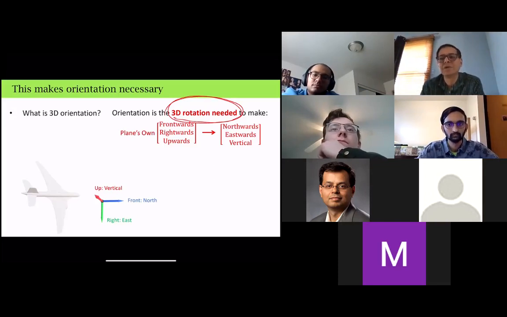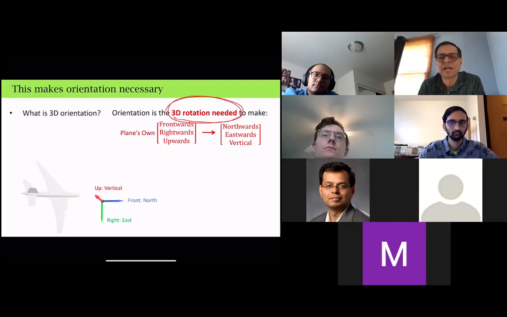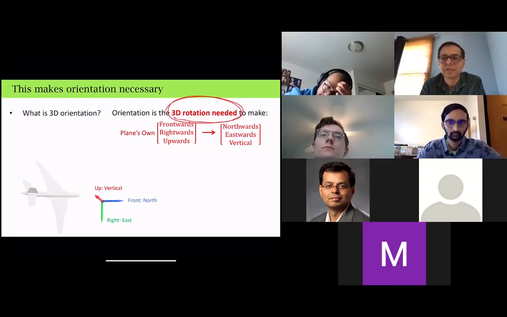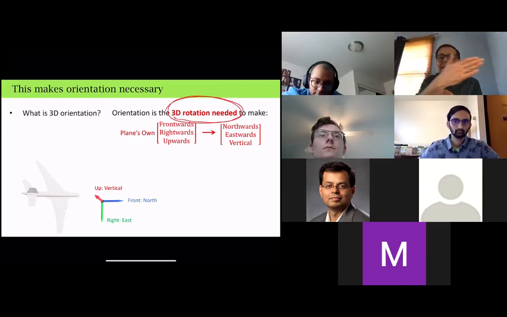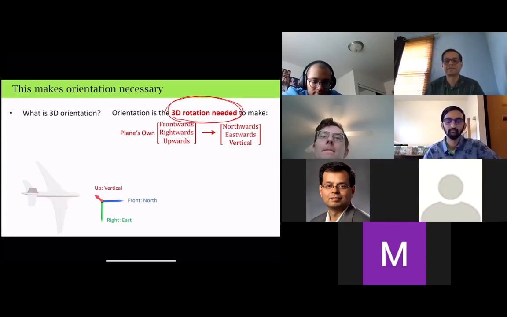IMU does not care about any environment because internally, it measures orientation, rotation, and acceleration. And there's a lot of work around IMU GPS fusion. You do both, right? So in fact, when IMU is diverging, you can use GPS to reset.